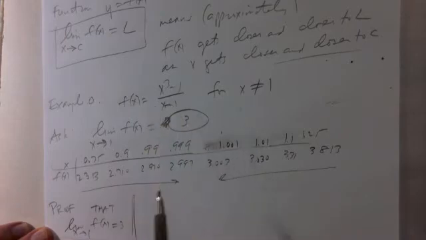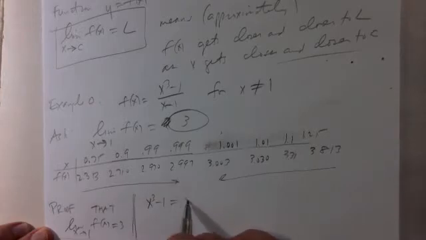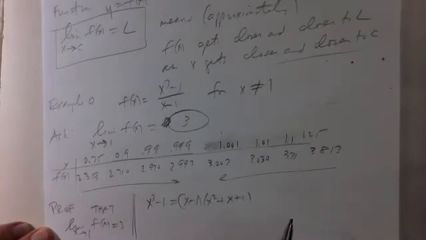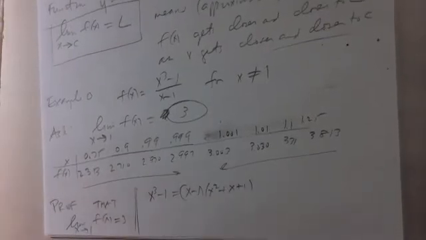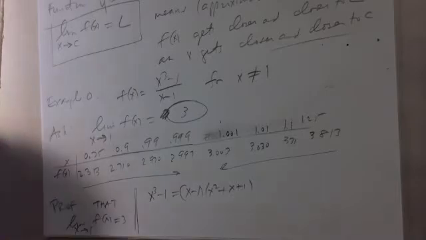Here's the function. We can factor x cubed minus 1. This is x cubed minus 1 is x minus 1 times x squared plus x plus 1. How did I factor that?